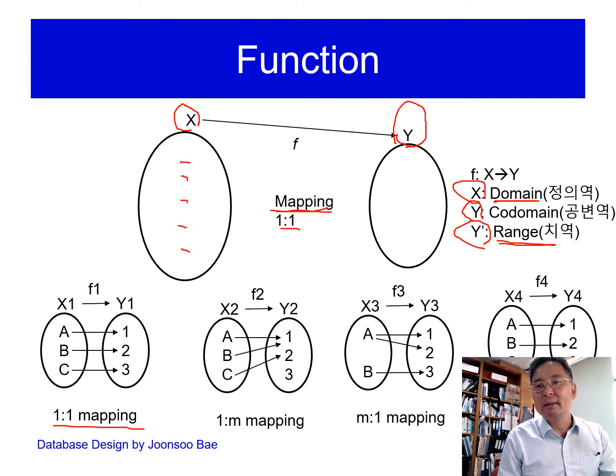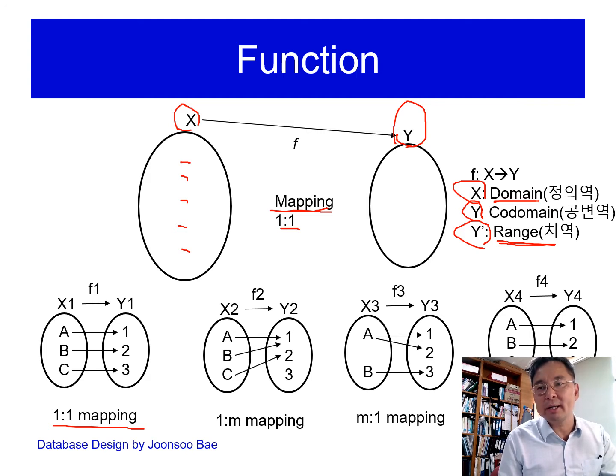It means that each element in both sets, X1 has elements A, B, C and Y1 set has 1, 2, 3, then there is a one-to-one mapping between the elements in each set.